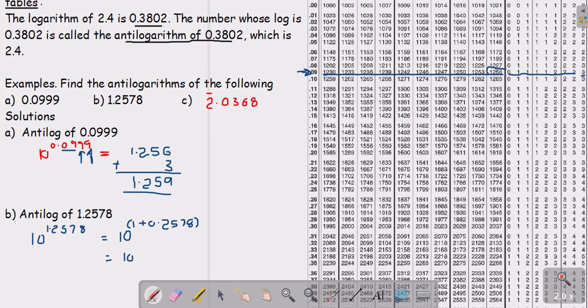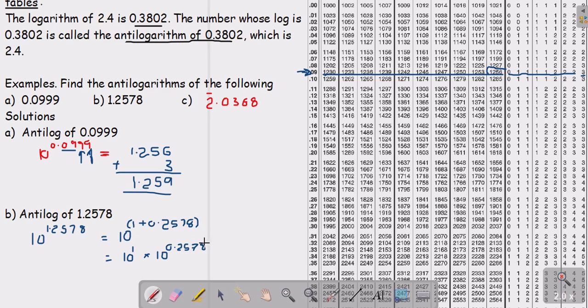Then you come to a new line and use the laws of indices: this is 10 to power 1, times 10 to power of the fraction part. You have to separate them, you like it or not, otherwise you will not be able to get it right.